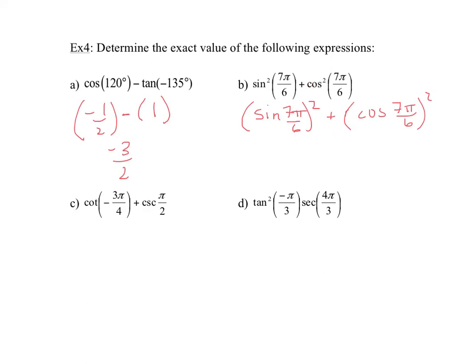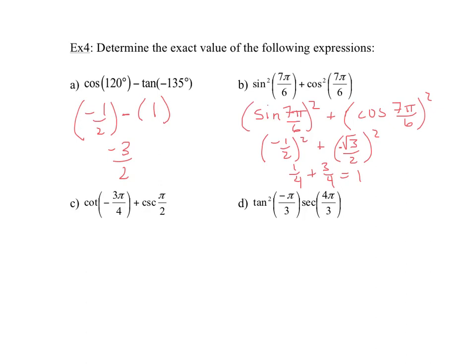So the value of sine of 7 pi over 6, again, find that on your unit circle, is -1/2 squared, and the cos is negative square root of 3 over 2, squared. So this would be 1/4 plus 3/4, which gives you 1. This comes back to the idea that if you have the same angle, and you have sine squared plus cos squared, it should always equal 1.